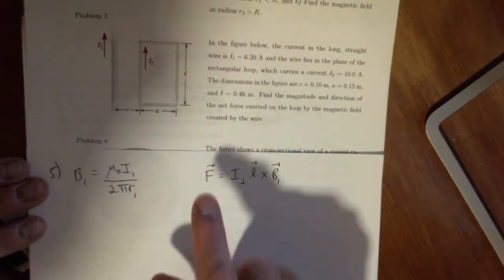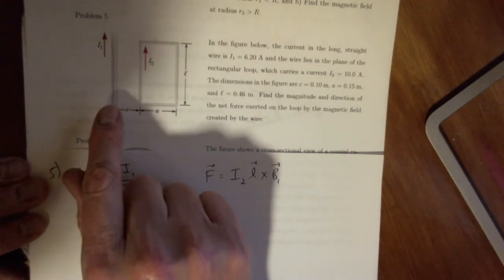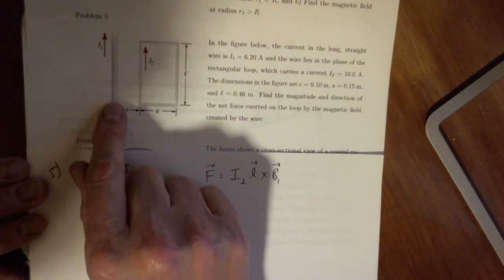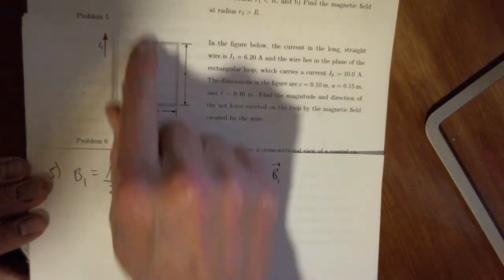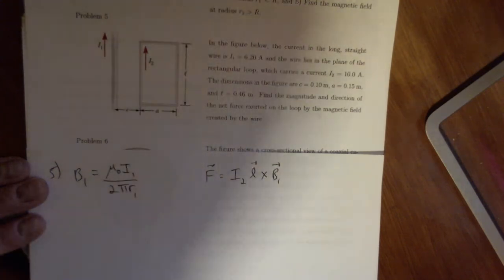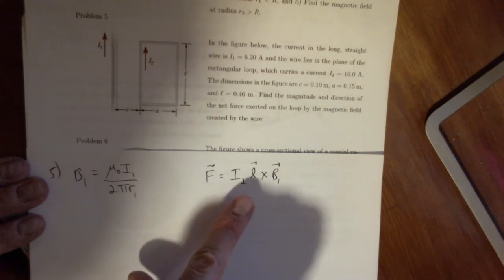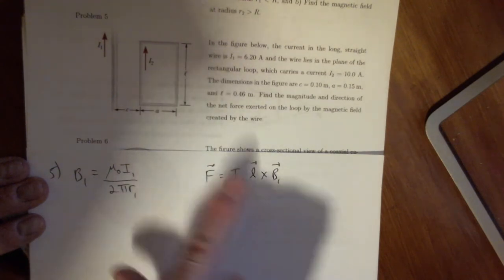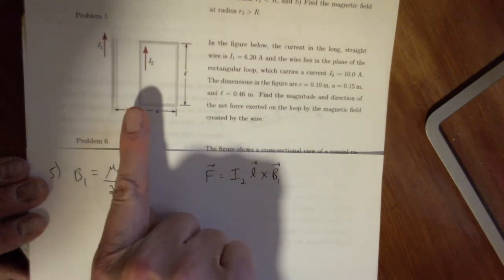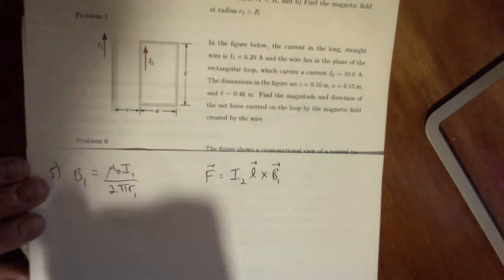So the force due to the magnetic field created by current 1 on the left side, you find its direction using right-hand rule 1. So IL is the first vector, and the current's going up, so IL is up.